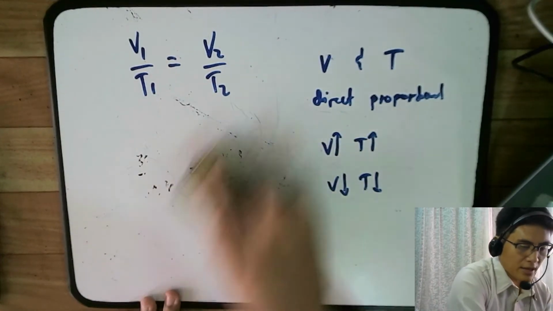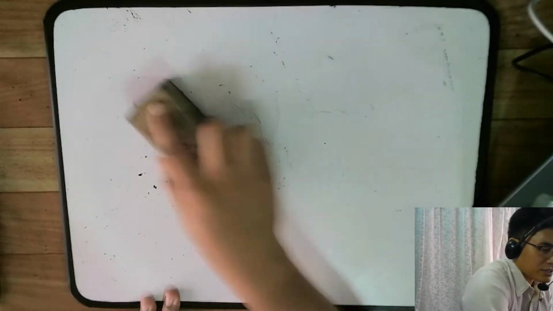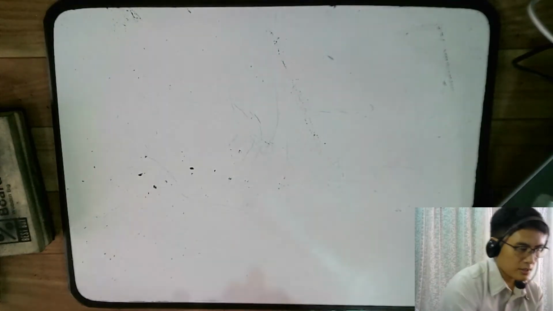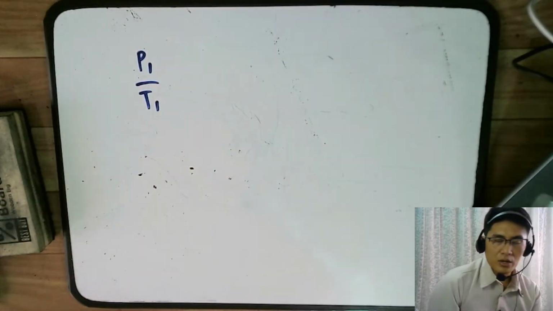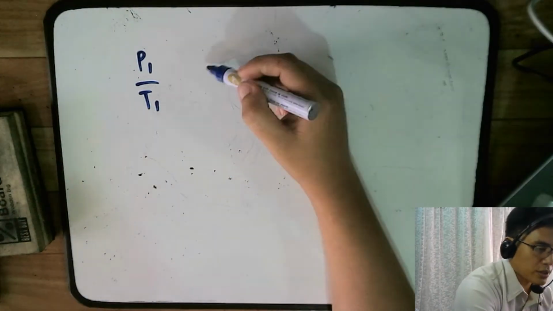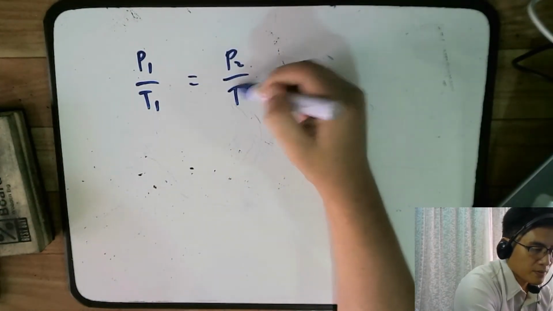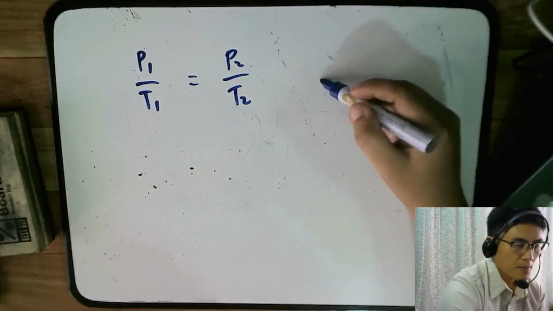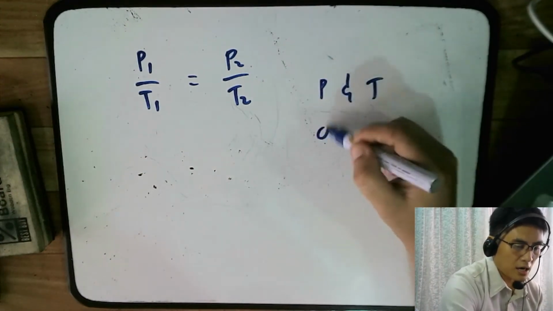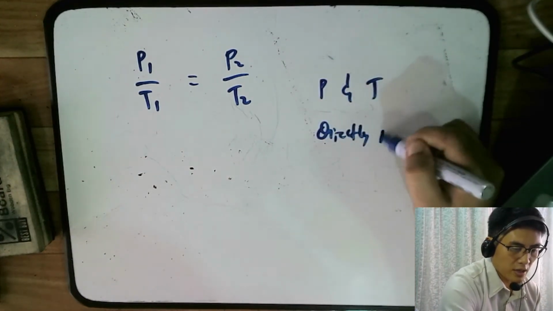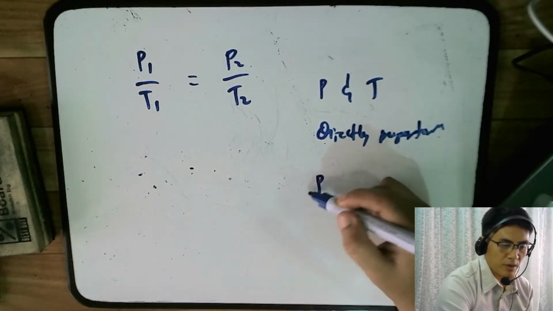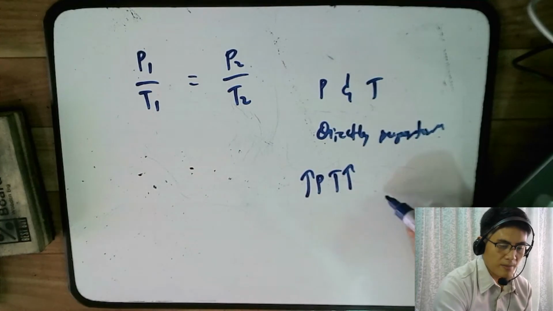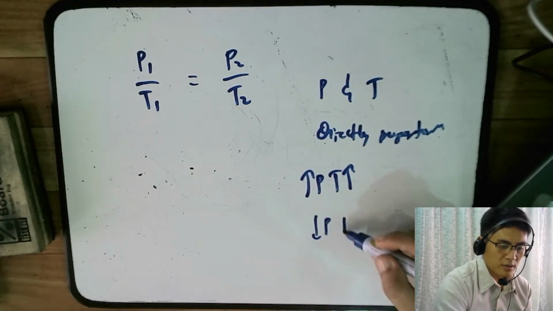And again, that's just Charles's law. You can also apply that to the other laws, like for example Gay-Lussac's law, which is still the same thing, but it's now looking at your temperature and your pressure. So you just say here that P and T are directly proportional to each other. And again, what that means is when P goes up, T also goes up, and when P goes down, T also goes down.